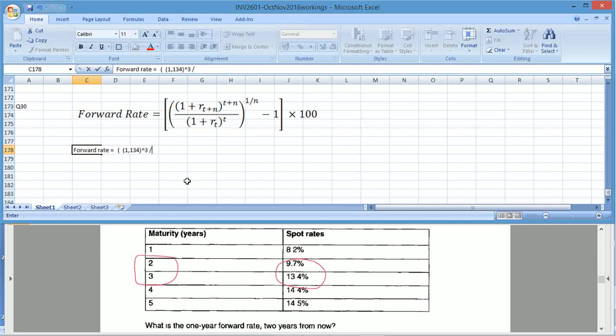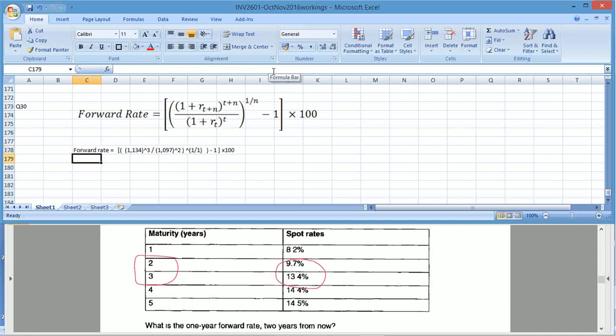Then divide that by brackets 1.097, which is the 2-year rate, close brackets to the power 2, then close that big bracket, and then that whole thing to the power of 1 over n, so 1 over 1, close brackets, then minus 1, close that bracket, minus 1. Then open up another bracket and times all of that by 100.